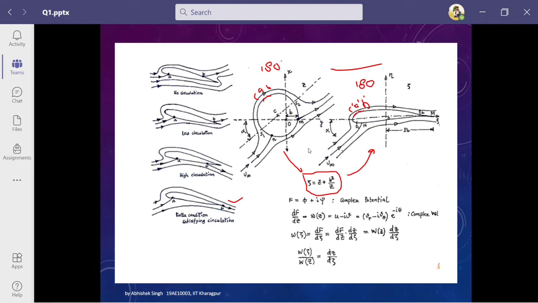This way we say that the Zhukovsky transformation is an angle preserving transformation. But when we look at the point M, the stagnation point, we see a different angle here. If here it is 180 degrees, we are getting here nearly 360 degrees.